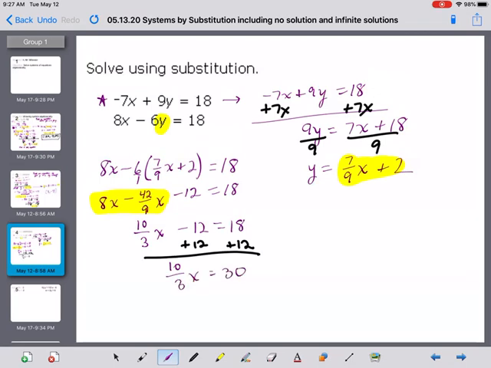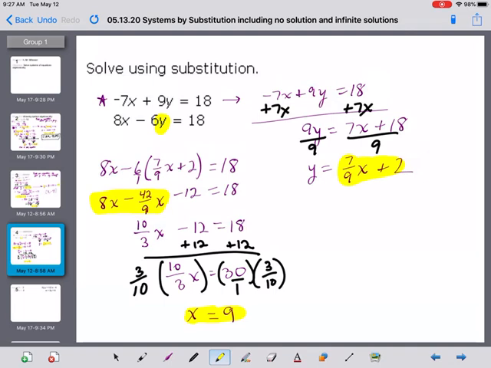10/3 x equals 30. Now we divide by the fraction. When you divide by a fraction, multiply by the reciprocal. So that gives you 1x equals 30 times 3 is 90, divided by 10 is 9. So we have x equals 9. We're not done, right? We got to get y.